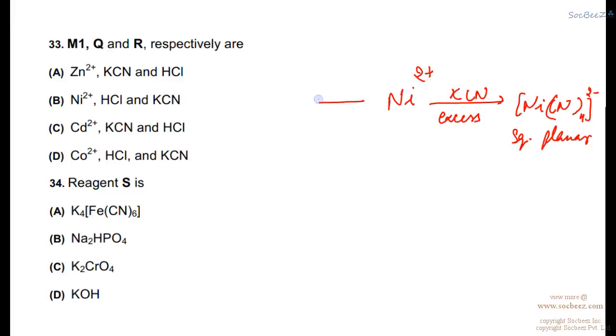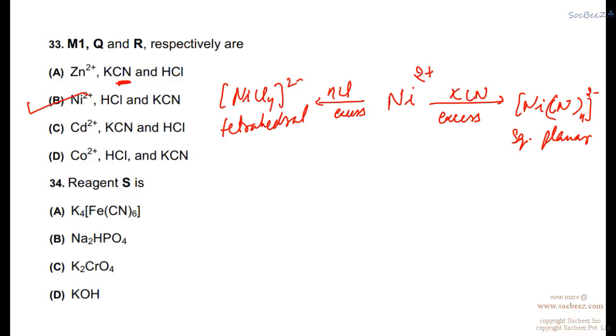Now this same Ni2 plus when reacted with HCl in excess gives NiCl4 2 negative, and this is tetrahedral. Since KCN is a strong field ligand, it will not give us the tetrahedral complex. So KCN will give the square planar complex, and for nickel, option B is the correct option.